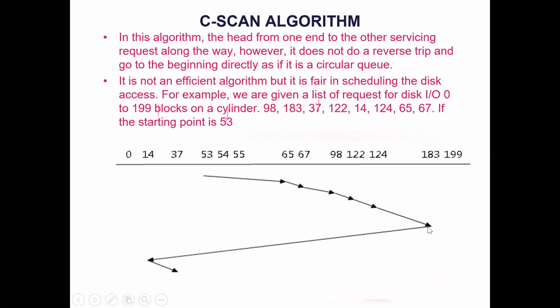Then from the last request the head will directly move to the starting point. In between it will not serve anything, it just reaches the starting point and then serves the starting request, the next request and whatever requests are there. So here from 53, it will serve 65, 67, 98, 122, 124, up to 183, then reach the first point.